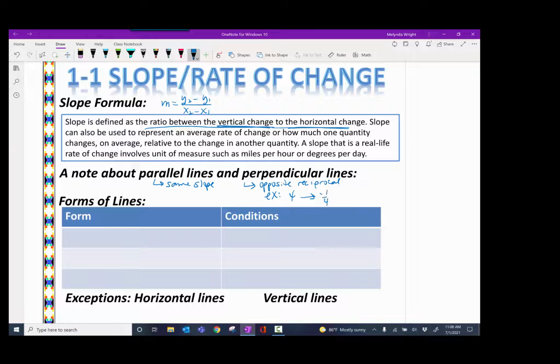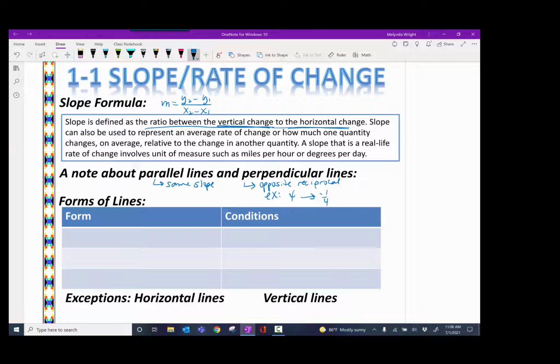And some specifics about that, or the conditions, is that the numbers a, b, and c must be integers, and a, in particular, must be positive. All right, so that's standard form.